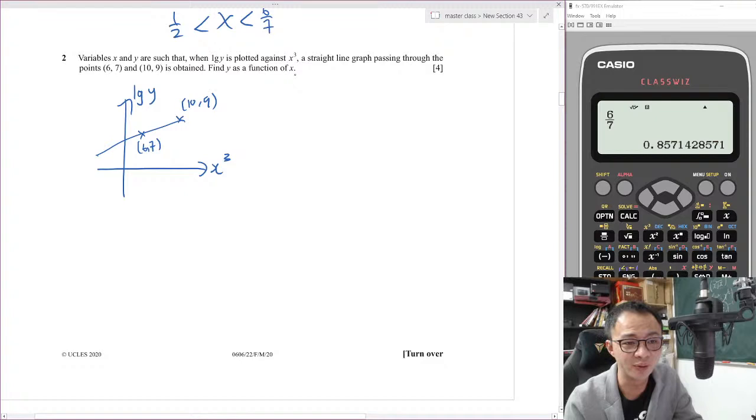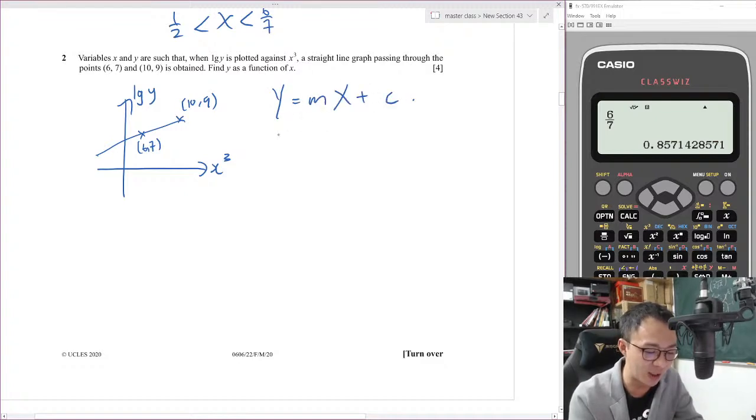What we need to do is make it into y equals mx plus c. My y is obviously log 10 y. I can easily get my gradient, which is 9 minus 7 over 10 minus 6. My x will be x cubed, and c I will find later.